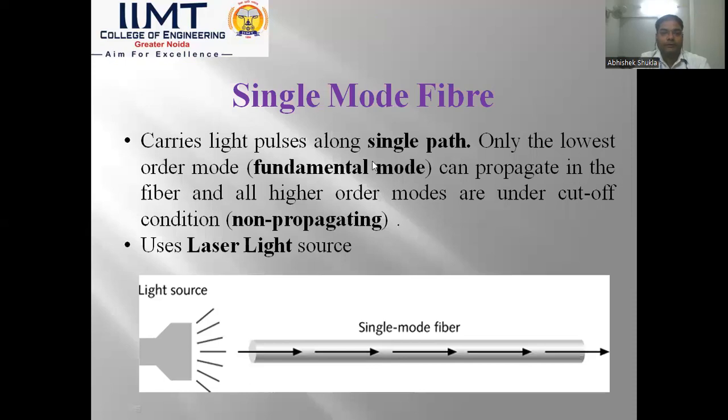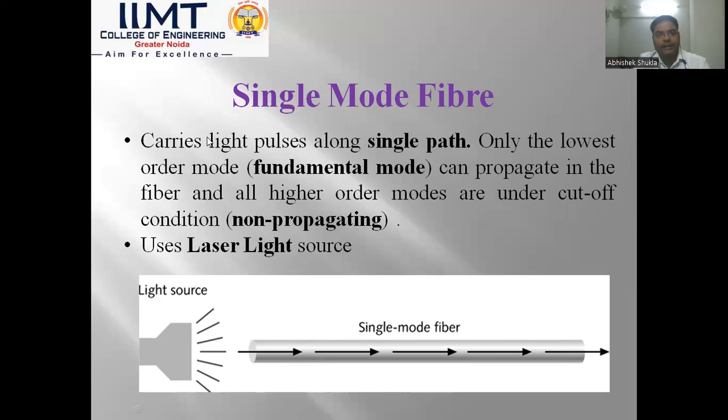Now, first one is single mode fiber. As the name suggests, single mode. Single means one, in which no reflection occurs. As you can see from the bottom picture, one single light is transmitted without any reflection process. In this, the best source for transmitting the signals is laser light.